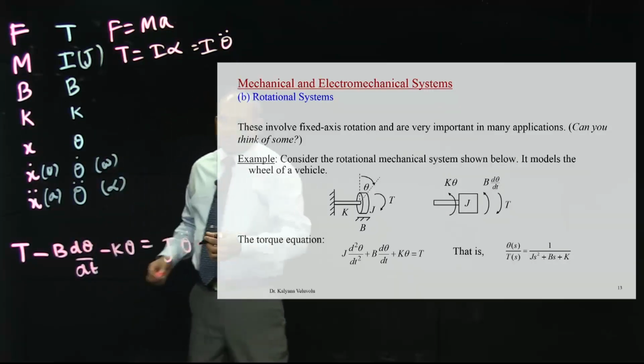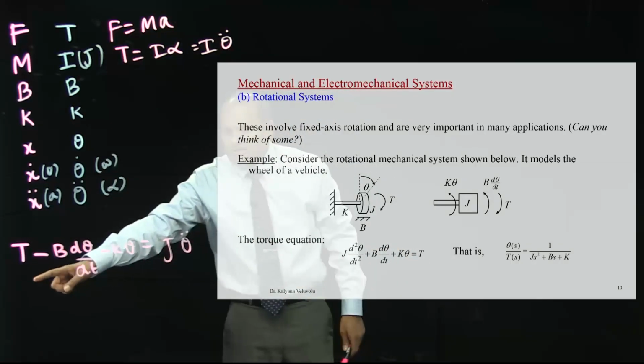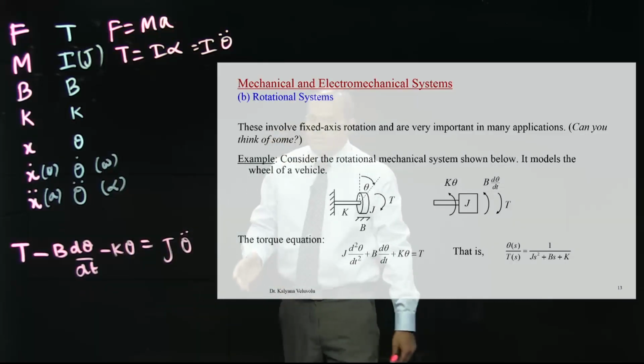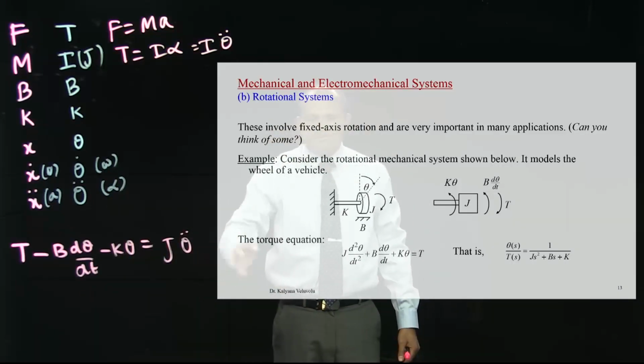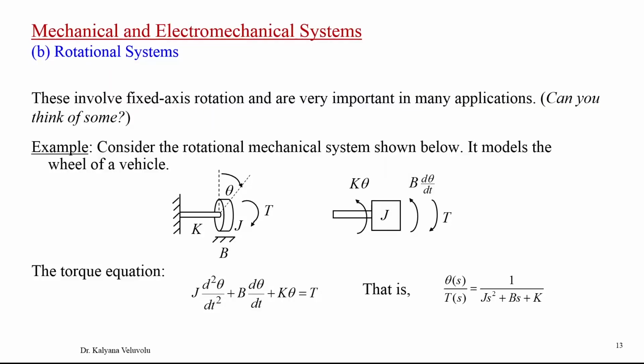If you rearrange this, you get this expression. This is the resultant torque: the torque applied minus the opposition torque produces J into theta double dot. So, that is how you have J d squared theta by dt squared plus B d theta by dt plus K theta equal to T. If you compare with the translational system, the analysis becomes much simpler.